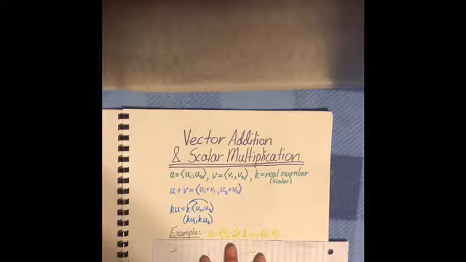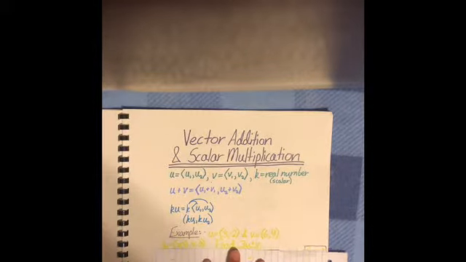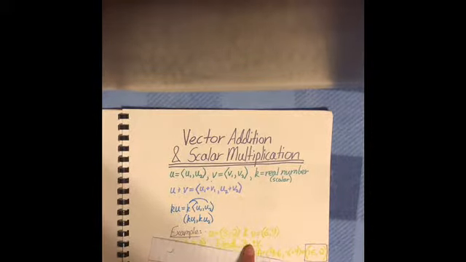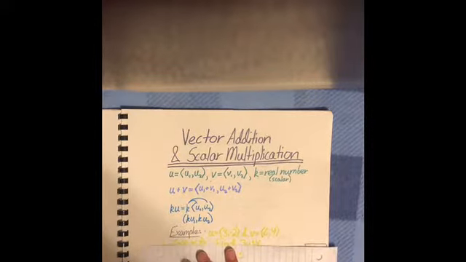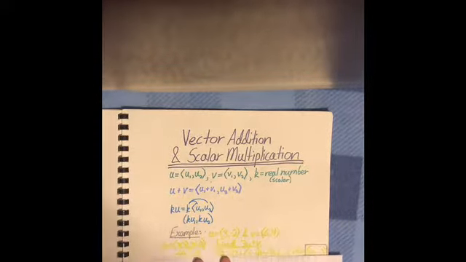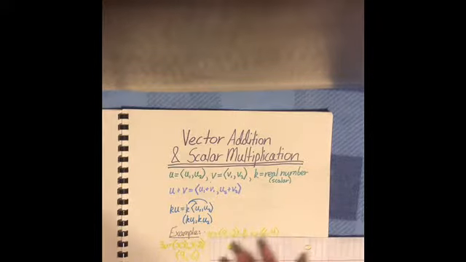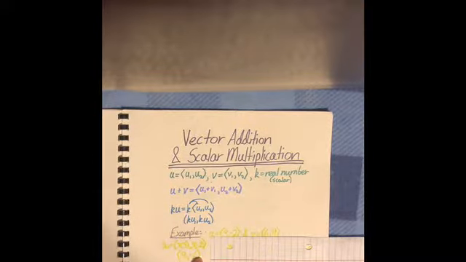So for another example, if you have U equals 3, -2, and V equals 6, 4, they want you to find 3U plus V. So in order to do that, you want to do the 3U first. So you're going to take the 3 and multiply it by each component of U. So it's going to be 3 times 3 and 3 times -2, which comes out to be 9, -6.